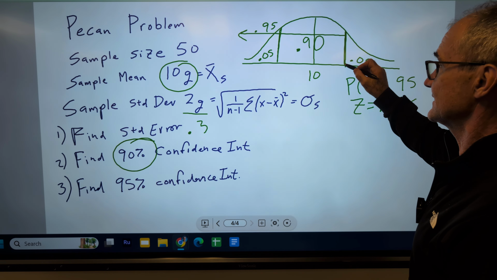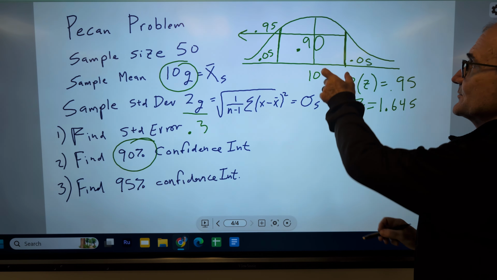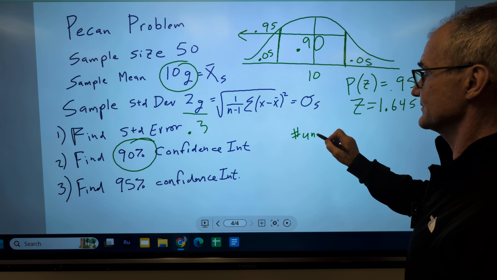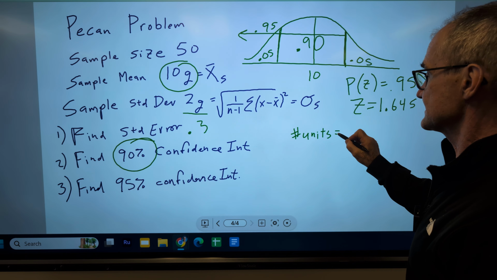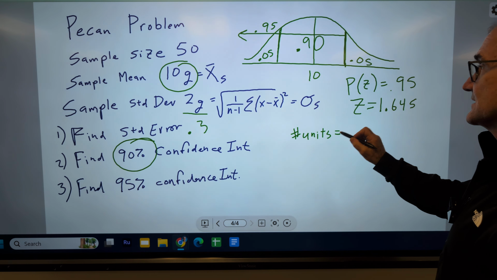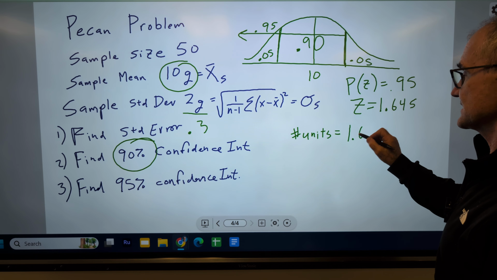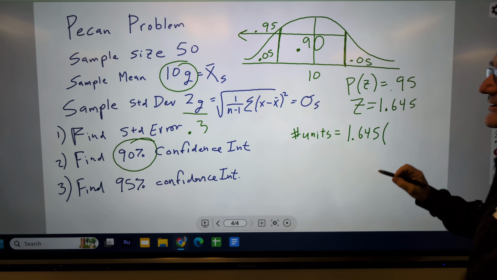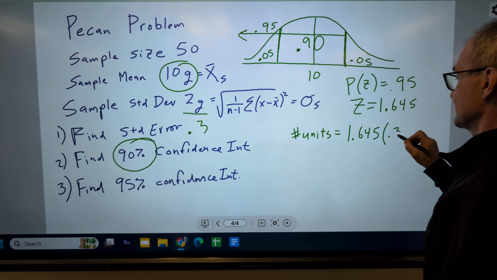This value right here is going to be so many units away from the mean. The number of units away from the mean is going to be equal to the Z value, 1.645, times the standard error, 0.3.